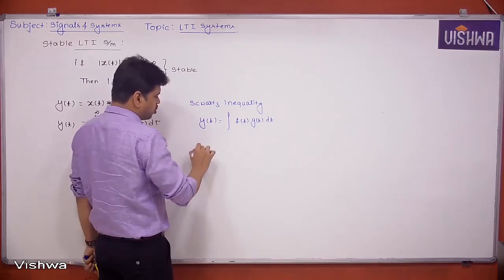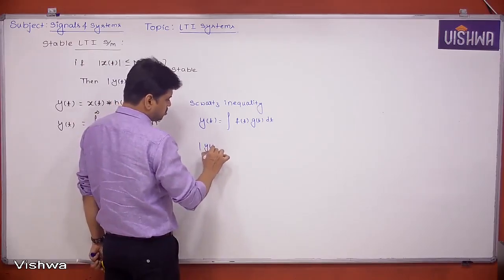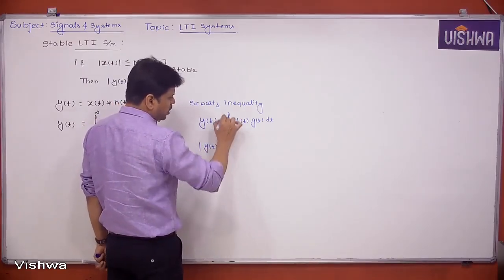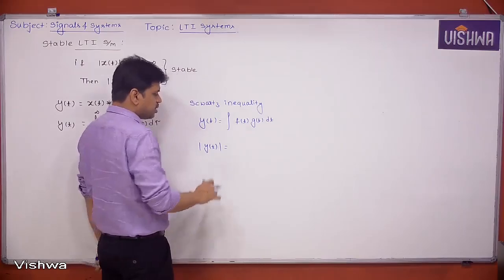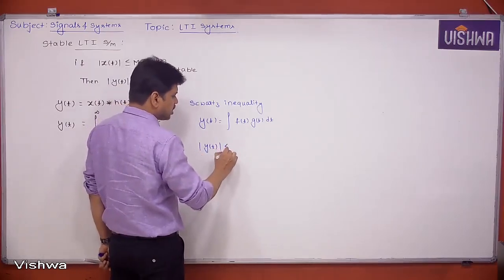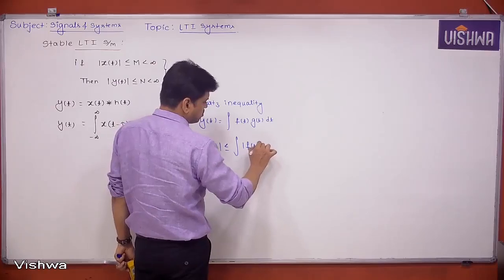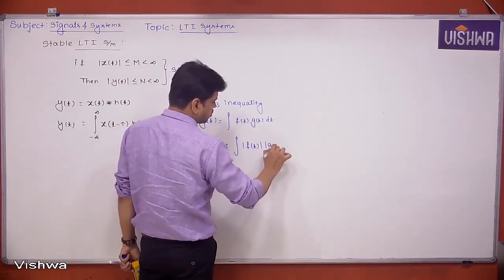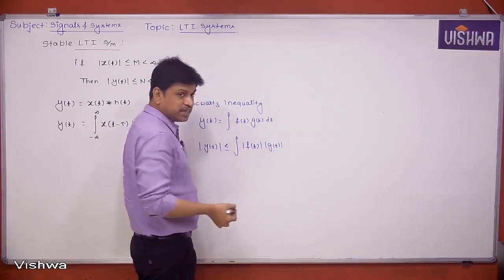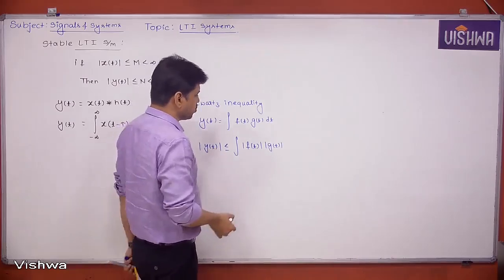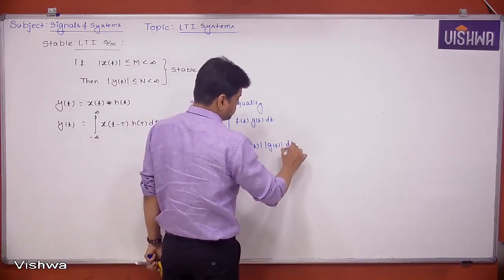If I try to find out mod y of t, that means we have to take the total modulus here, but that value is always less than or equal to the integral of mod f of t mod g of t dt. That means if you take the modulus inside the integration, this is the inequality we have to use.